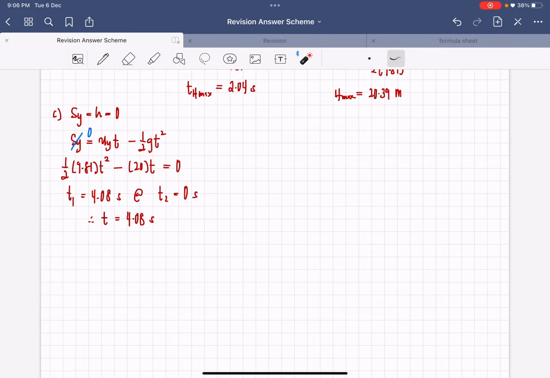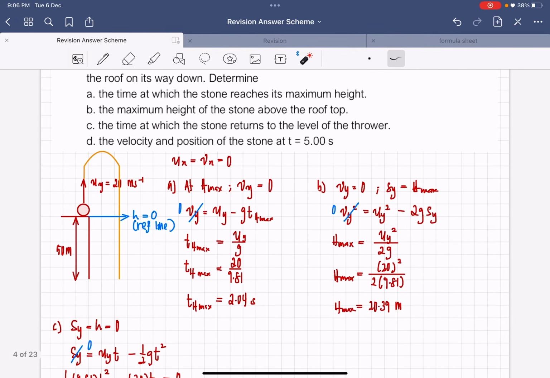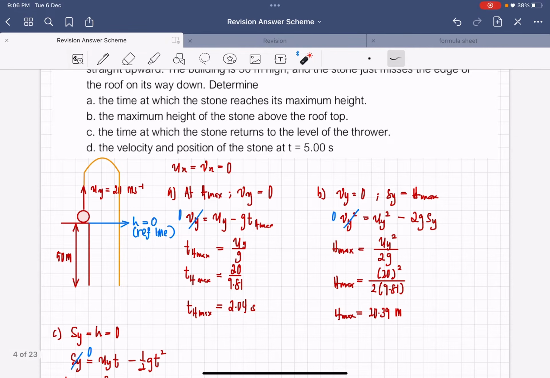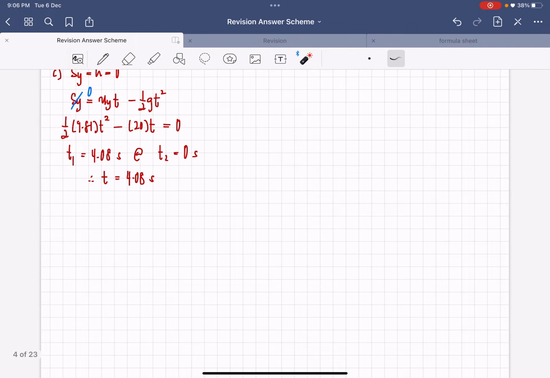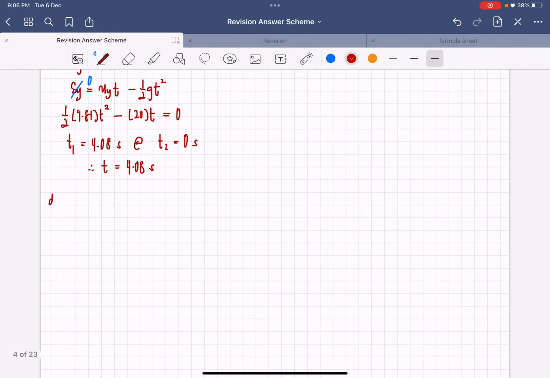Okay, alright, next one, lastly, the velocity and position of the stone at t equal to 5 seconds. For this one, velocity is a vector, remember.